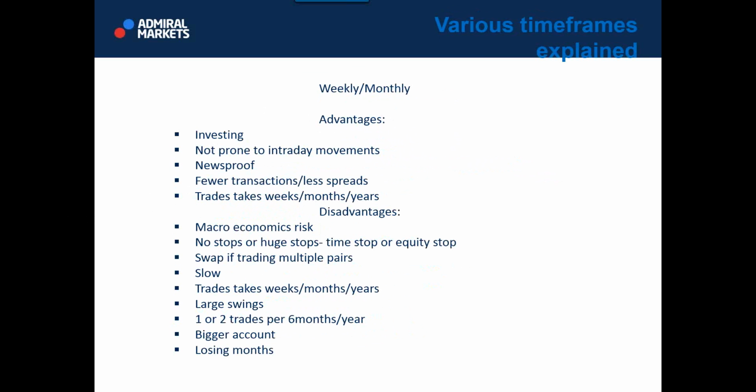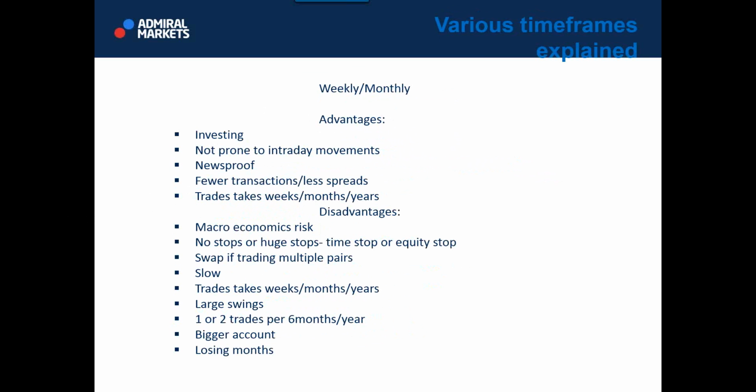Also, a huge flaw for an investment is it doesn't use any stops, or there are huge stops. Usually it's a time stop or equity stop. Usually people who want to trade on weekly or monthly time frames enter with a low position, and they don't use any stop loss.